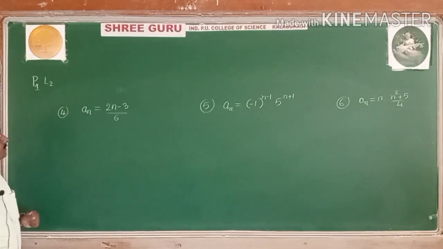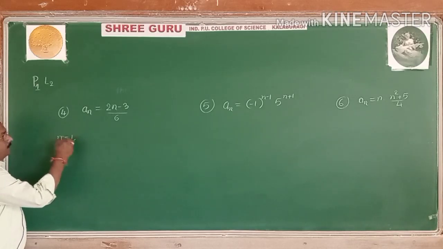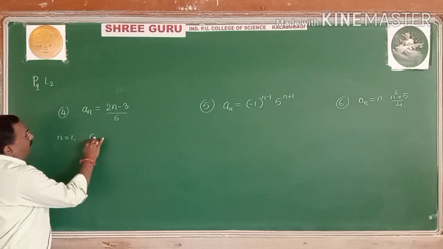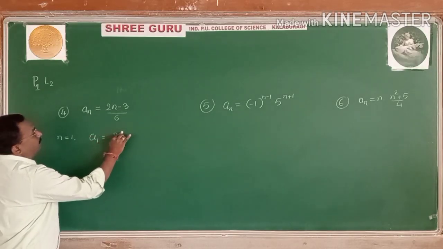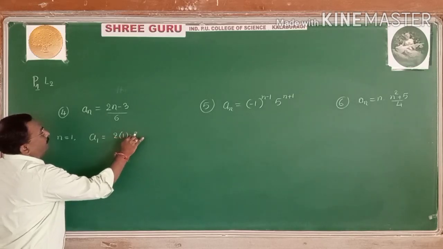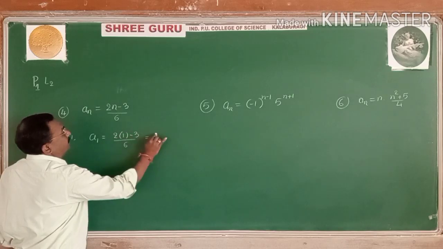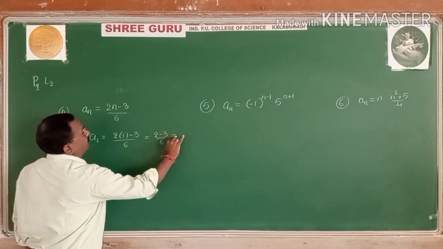Solve one by one. Take n equal to 1, first 5 terms. a1 is equal to (2 into 1 minus 3) divided by 6. That is 2 minus 3, which is minus 1, so minus 1 by 6.